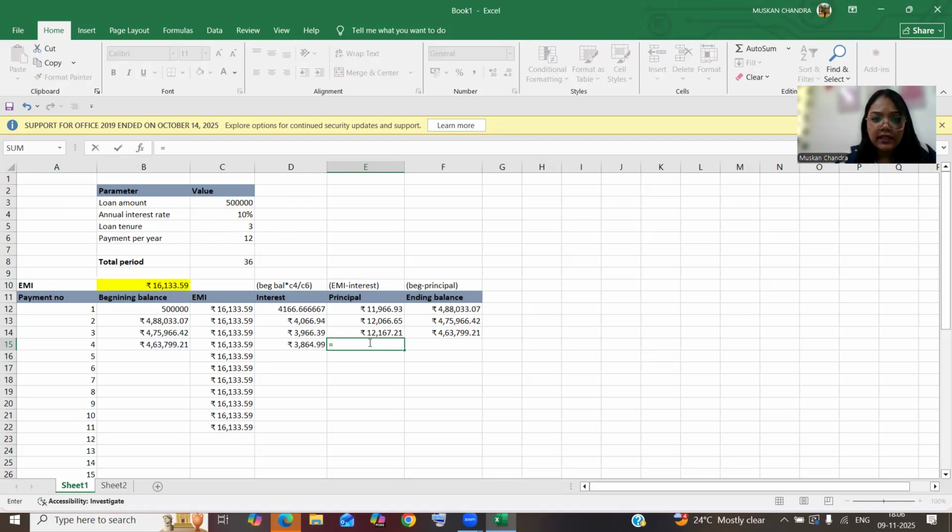Principal is EMI minus interest. Ending balance is equals to beginning balance minus principal.